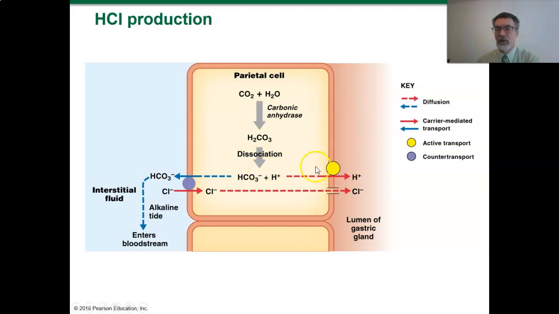and hydrogen ions. We have a proton pump. This yellow structure is an active proton pump that's going to pump hydrogen ions into the lumen of the gastric pits. Bicarbonate ions are pumped into the bloodstream, and we pump chloride ions into the parietal cells that can then be transported into the lumen, because they will follow the positive charge and move in there, and that's going to create the hydrochloric acid in our stomach.